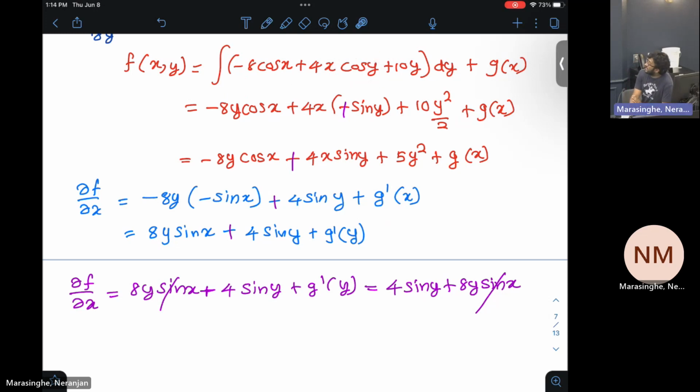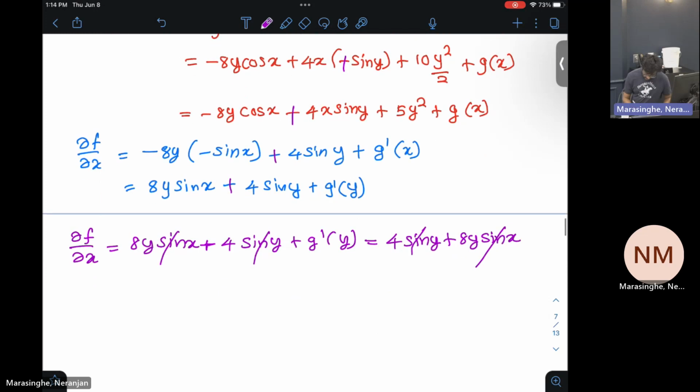The integral of cosine y is sine y. Now you can see that 4 sine y is also going to be cancelled. I would get g'(y) is equal to 0. So g(y) is some constant.